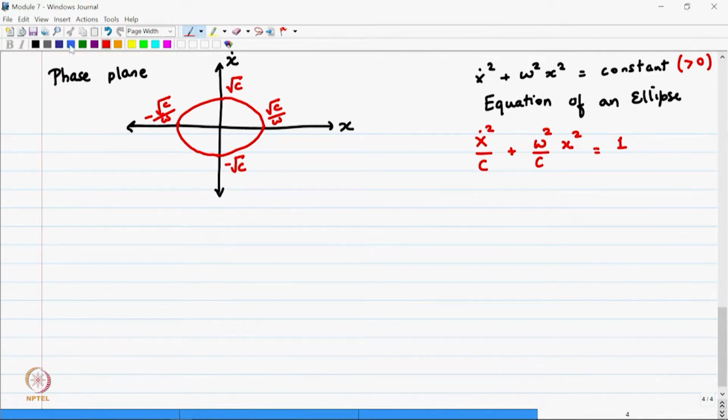If you take some other constant, then you will have a different ellipse. I will just write the root c on the inside here. So if I change the value of c, I get a different ellipse. This is a different value of c.